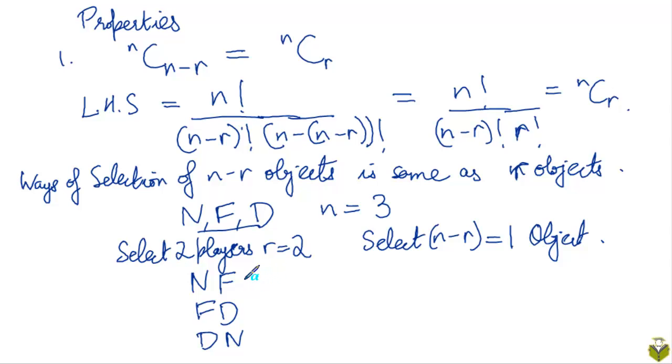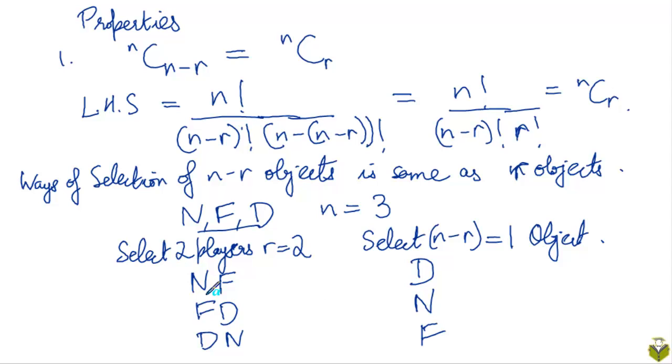So now the question is, whenever I select Nadal and Federer, who is the player that is left? That we'll put on the right hand column. So here Djokovic is left, right? And Federer and Djokovic, when they are selected, who is left? Nadal. Djokovic and Nadal, if both of them are selected, who is left? Federer, right?